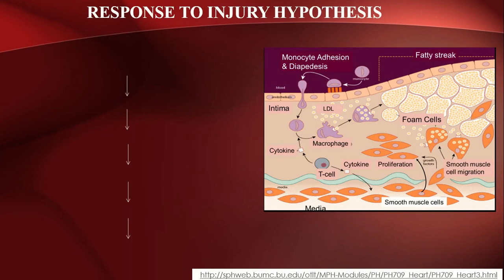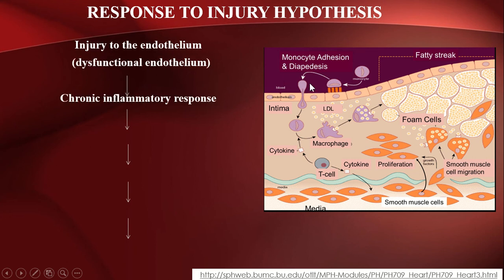And here you see the injury to the endothelium, then the chronic inflammatory response. Here you see the activation of the T cells by the cytokines, which stimulate the smooth muscle cells located in the media, and they start to proliferate and migrate from the media to the intima.